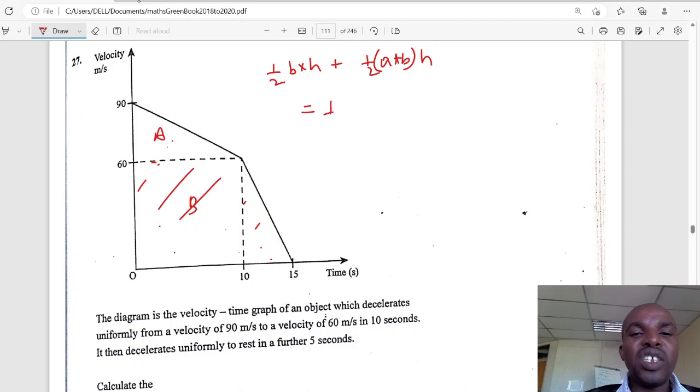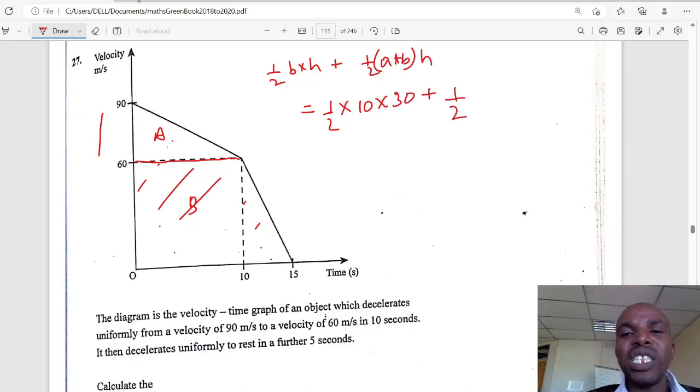So half base times height, it will be half. Our base on that triangle is 10, times height, which is 90 minus 60, is 30. Then plus area of a trapezium, which is half the sum of the two parallel sides. This side is parallel to this side, right?